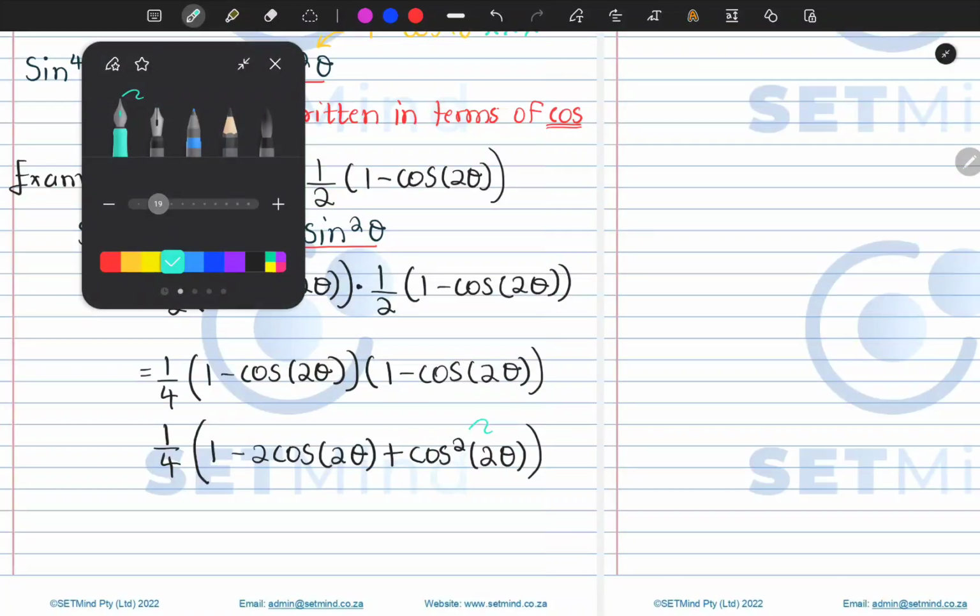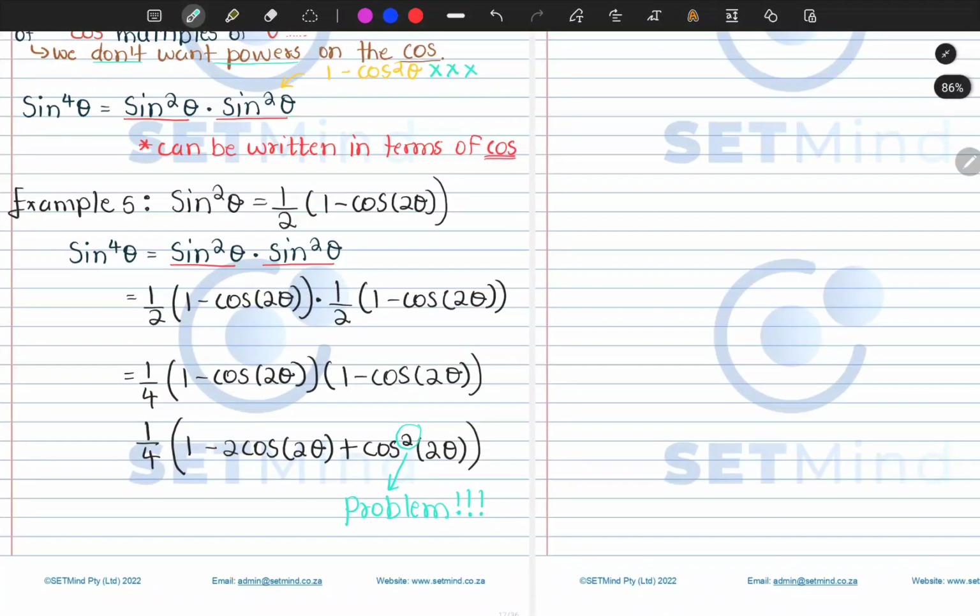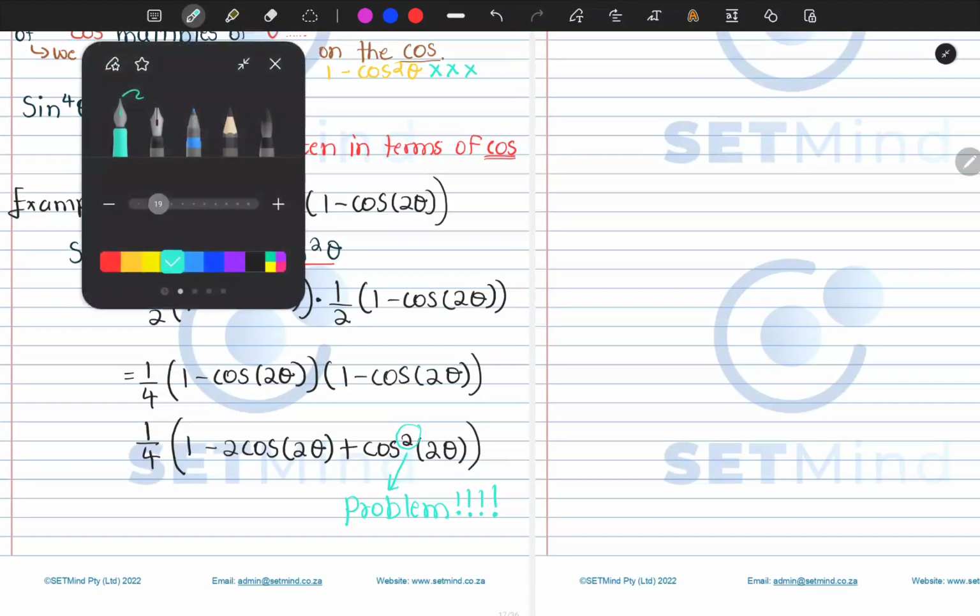And then now, this becomes a problem, that power there. Because they said multiples of cos thetas, not that we should be multiplying the cos thetas. So the power we do not want. That is a problem there. So how do we go and deal with that problem?